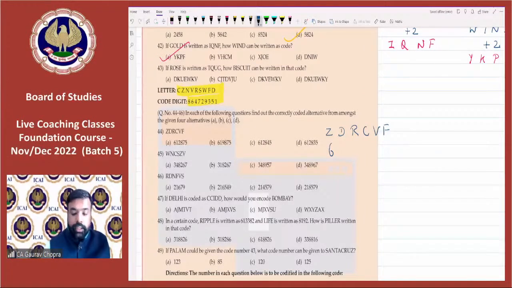For D, it is 1. For R, it is 5th position, so it is 2. Then C is 8. V is 7 and F is 3. So 612873. No, 875. F is 5. So 612875.